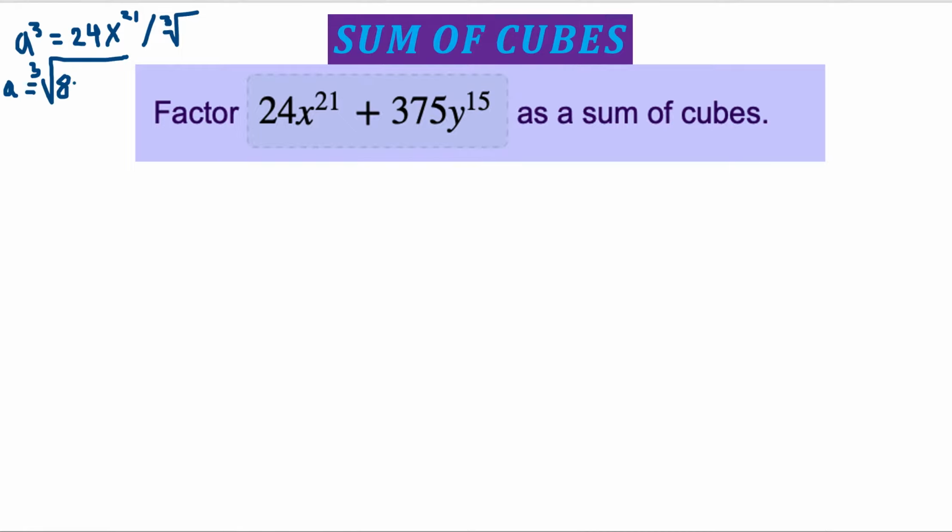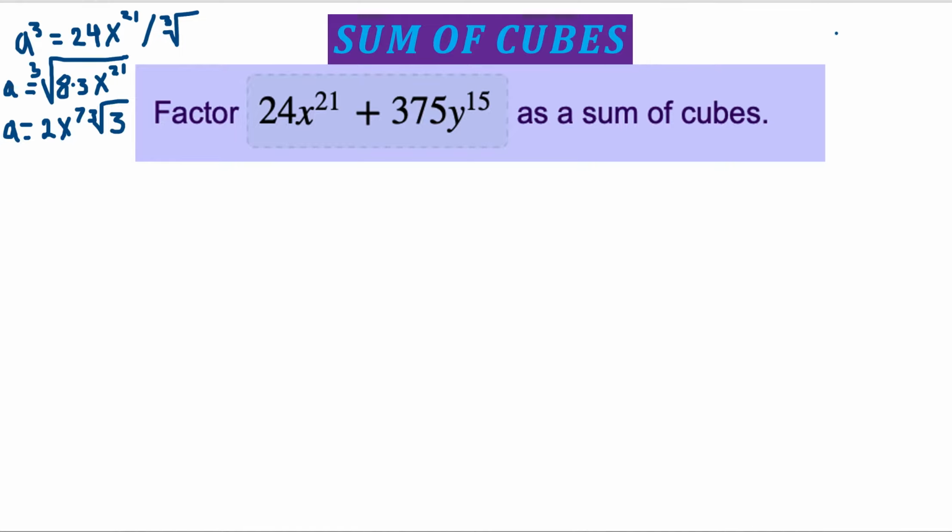I know 8 is a cubic number, and 3 is not a cubic, so it stays inside the cubic root. But x^21, 21 is a cubic number, because 21 divided by 3 is 7. So getting outside of the radical, a is going to be 2x^7, because 8 is a cubic number, which is 2, and x^21 gives x^7, and the only number that stays inside the cubic root is 3. So 3 is going to stand here.